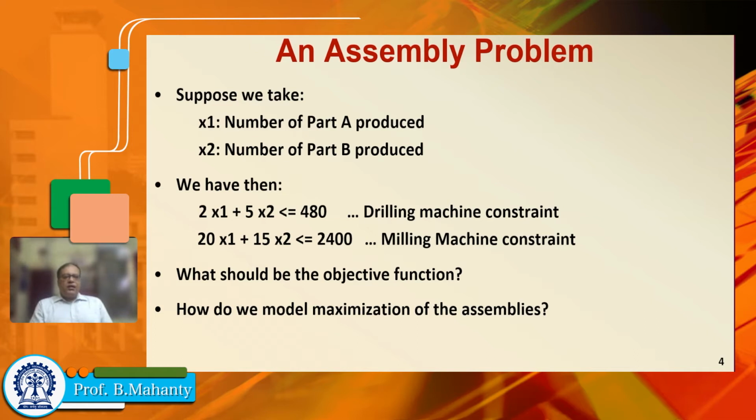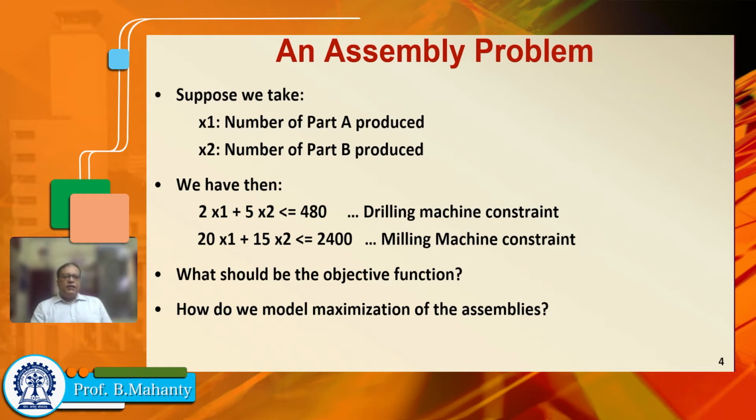So what we had done is, supposing x1 is the number of part A produced, x2 is the number of part B produced. So these are the constraints because of 8 hours of working, and one particular day has 480 minutes.